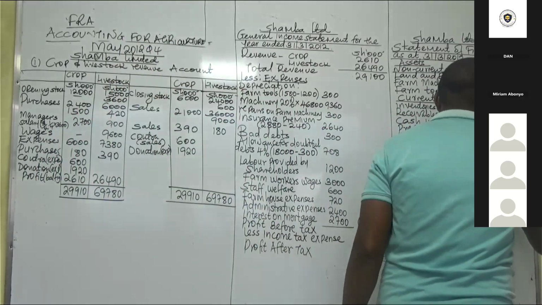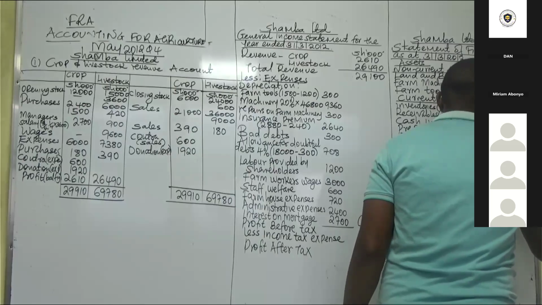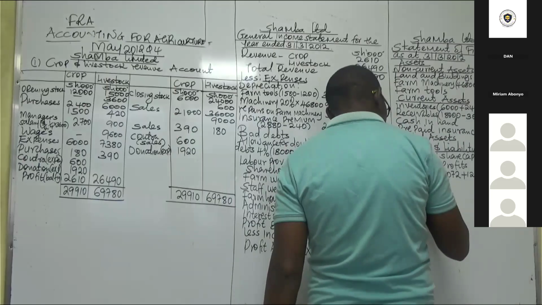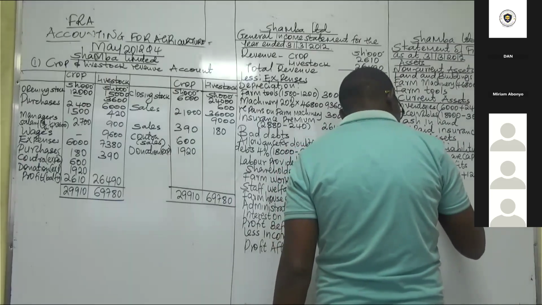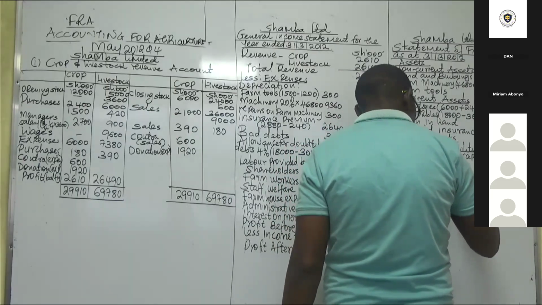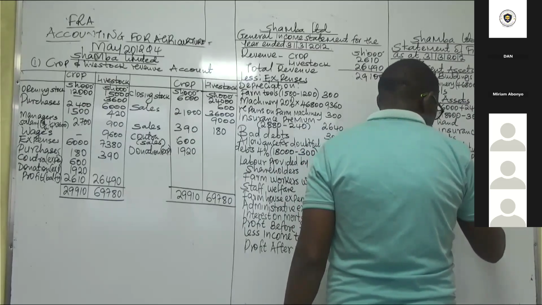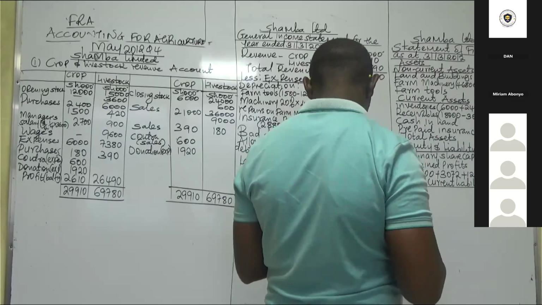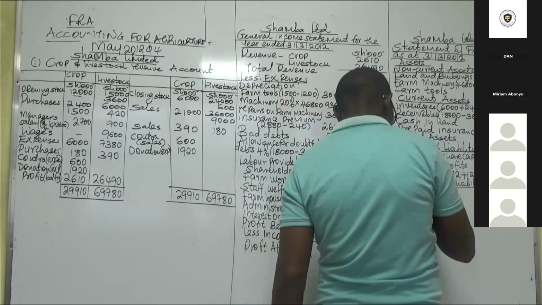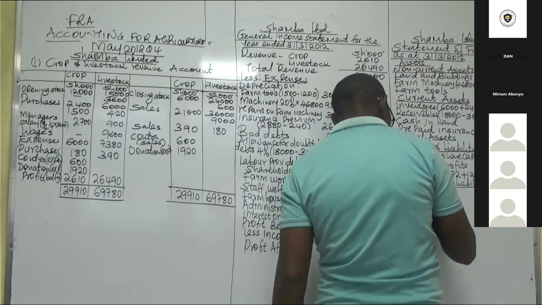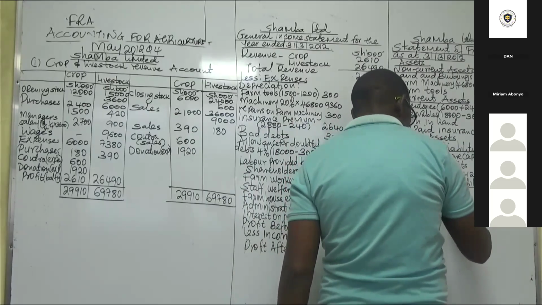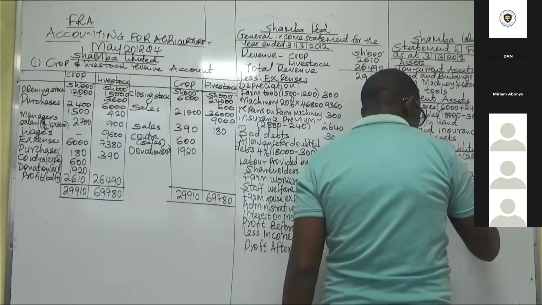10,272. Go to non-current liabilities. On non-current liabilities, we have the what? The mortgage from Rural Development Bank.